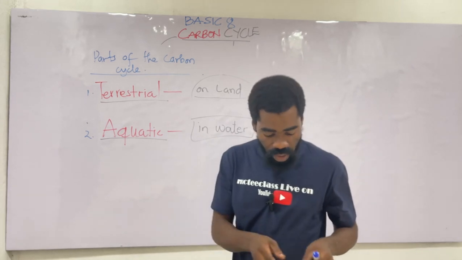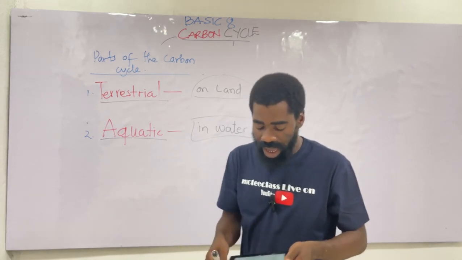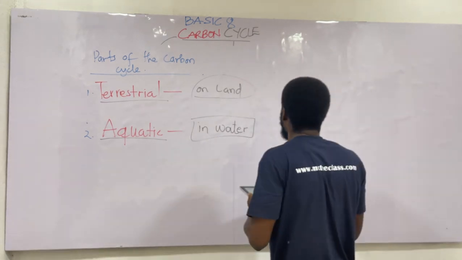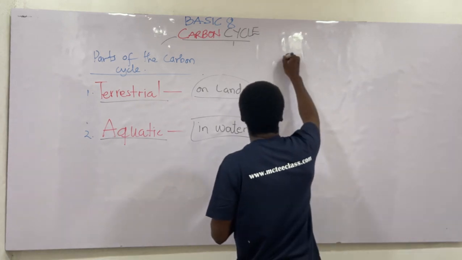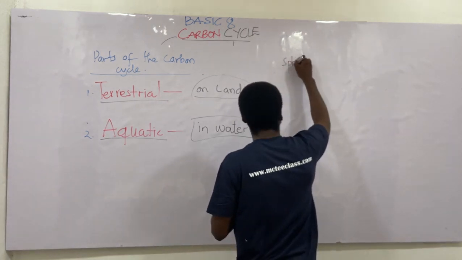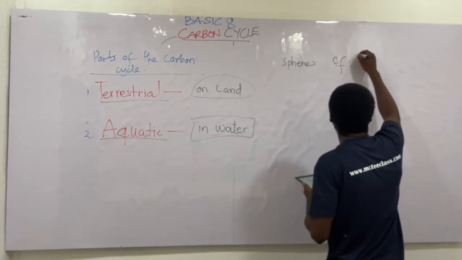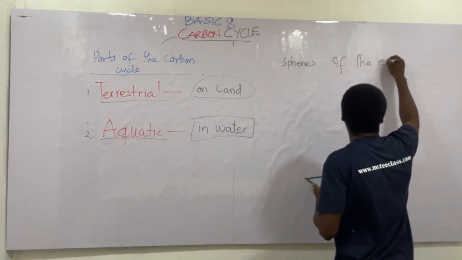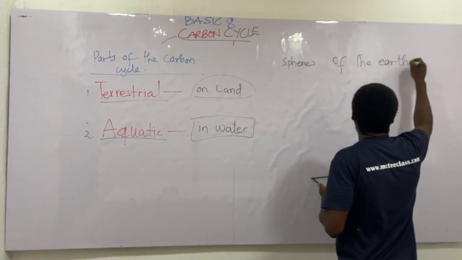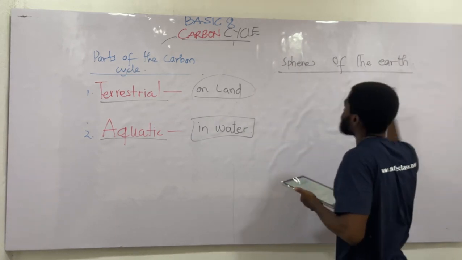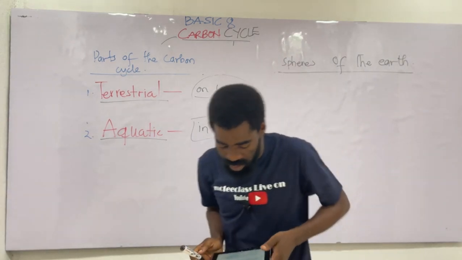We are looking at what? The four spheres of the Earth. The Earth we see has four spheres. Spheres of the Earth will have four. We say we have what?